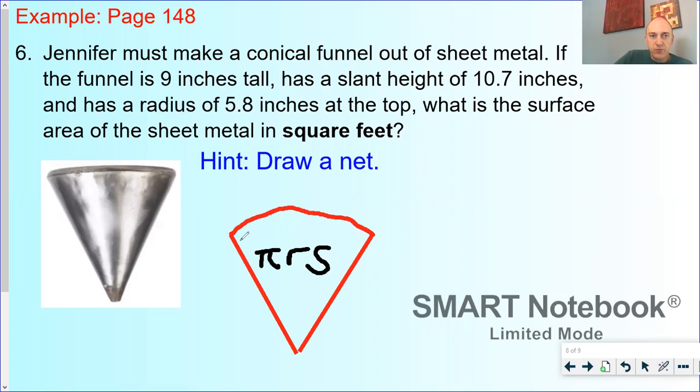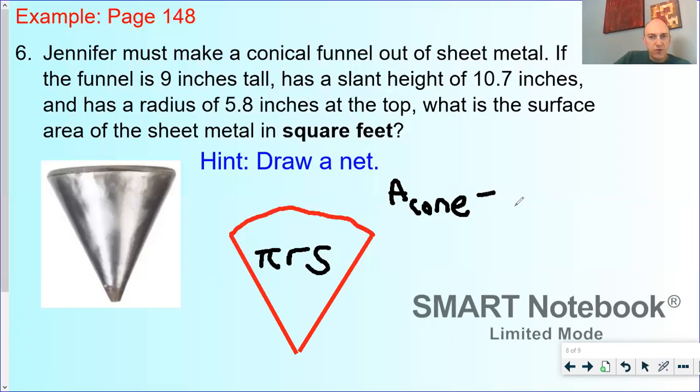The funnel is 9 inches tall, slant height of 10.7 inches, and a radius of 5.8 inches at the top. What do we need? We need radius and slant height. That's all the information we need. So for our area of a cone, we just use our formula.